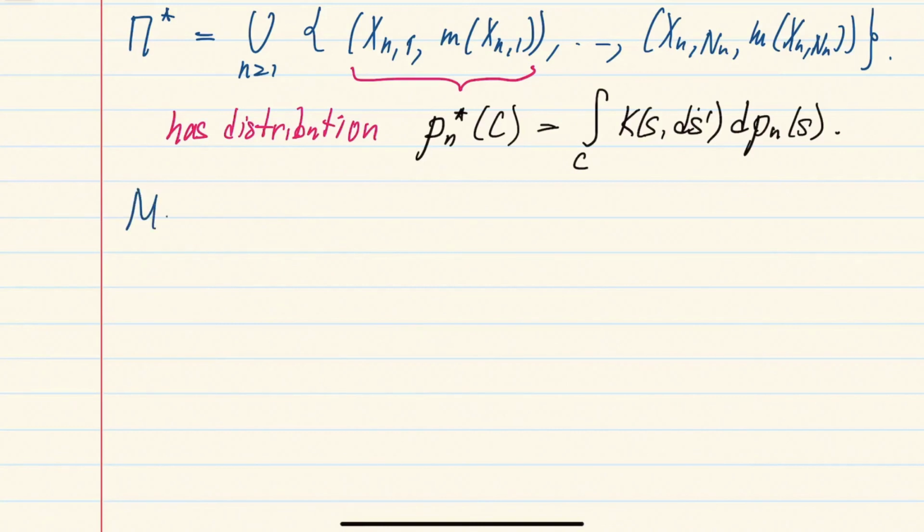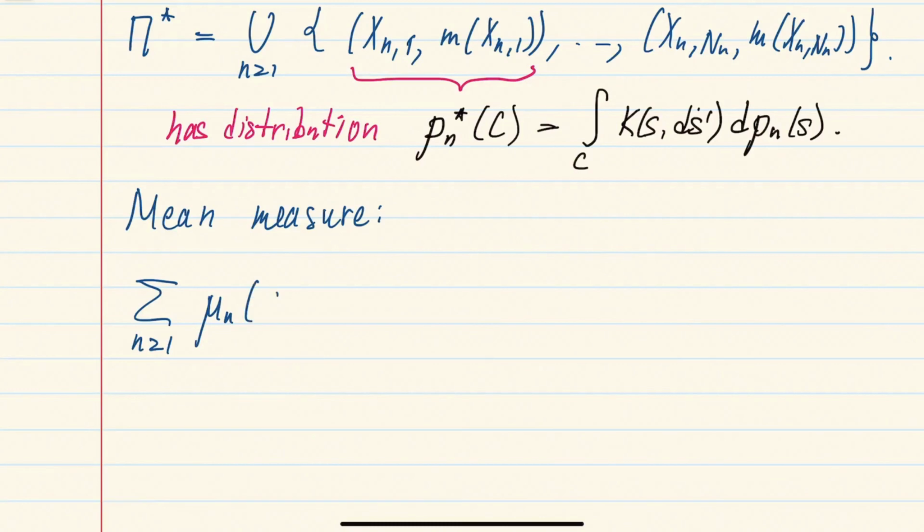So by our definition, it is a Poisson process, and the mean measure of this process, well, you simply have to sum over all n the mean of this Poisson counts, which are the same as before. It's the same, capital N hasn't changed here, right? And then multiply it by this distribution Pn star. But we can see that this is exactly mu star, right?